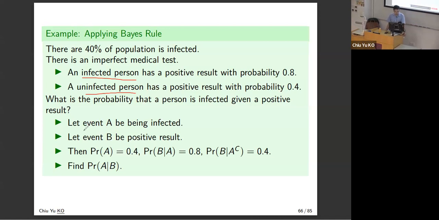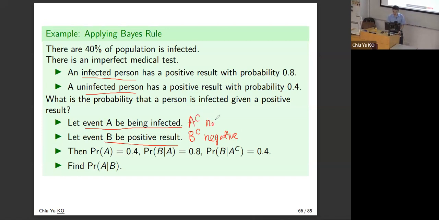So A is being infected, because A is the prior, and B is our information, the positive result. Note that B complement means negative, because we assume the test result is either negative or positive, a binary outcome. And of course we have A or A complement, which is not infected.